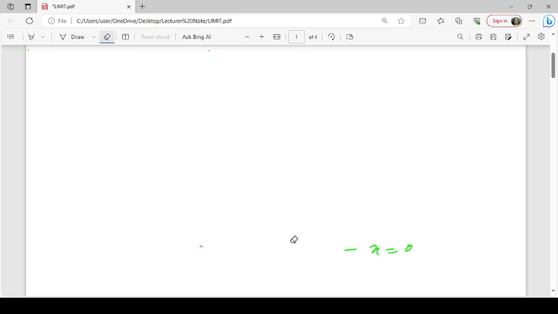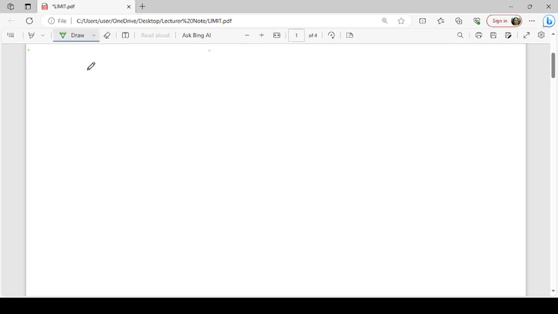Sin x is a trigonometric function, so consider this function f(x) equal to sin x by x. There is a procedure to find this limit.